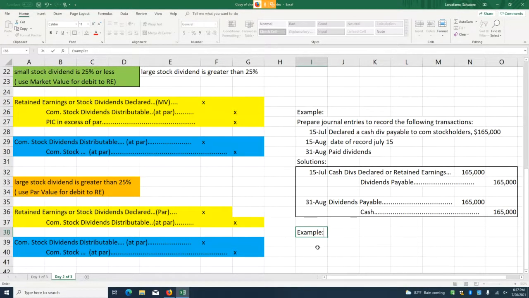Whether you've got the book or you don't, I'm just going to type the question anyways. So Epic Inc. has 10,000 shares of $2 par common stock outstanding.